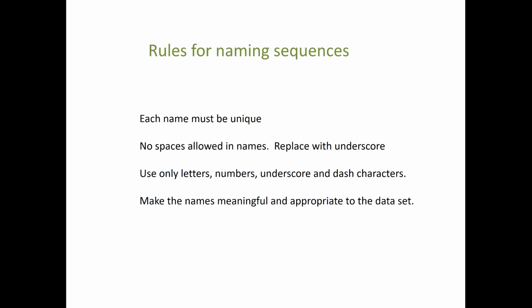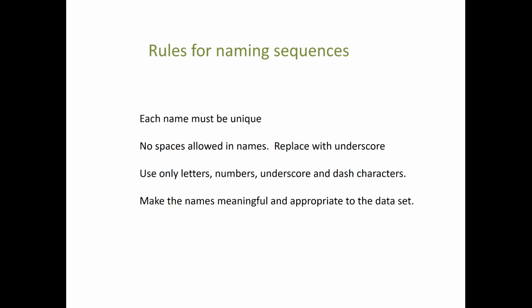No spaces allowed in names. I mentioned that already. Indeed, you should only use letters, numbers, underscores, and the dash character in names, because you may want to take the results of this and put it into another application, some command line application that is going to be confused by anything else.